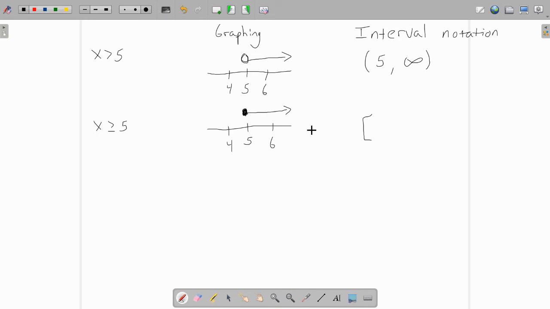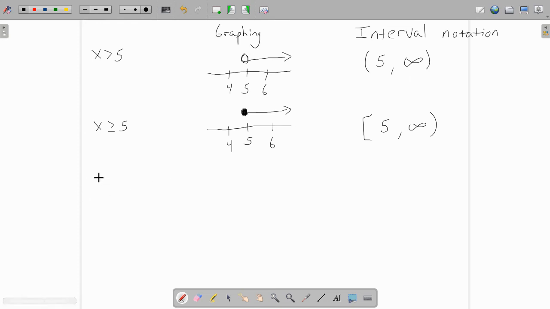So I say bar, bracket. So 5 comma infinity, and infinity always gets a parenthesis. If it's not included, parenthesis, open circle. If it's included, it's the bar, closed bracket, that's a filled in circle.